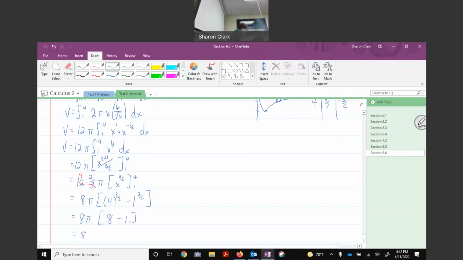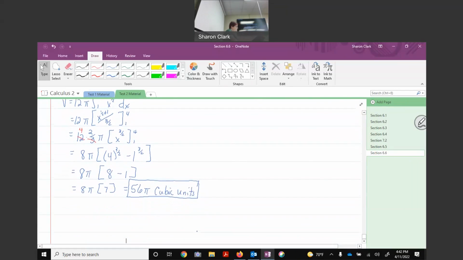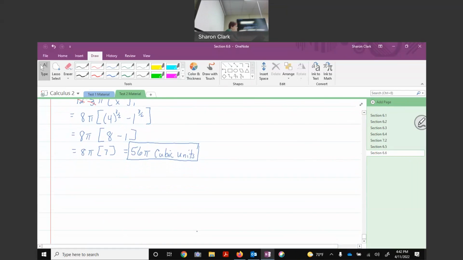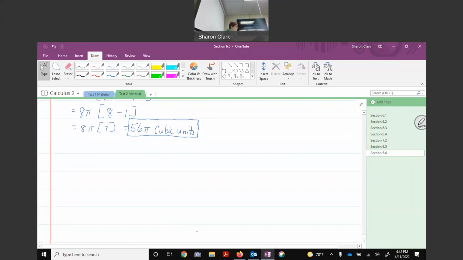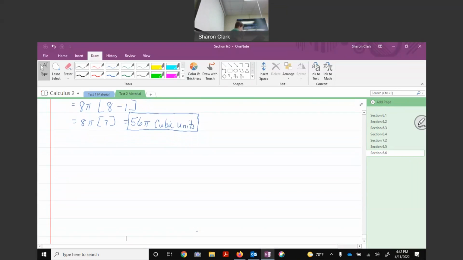So that's 8 pi times 7, which is 56 pi cubic units. Okay. And why did I pick the shell? I could use the disc or the shell method, not the washer because there wasn't a hole in it.